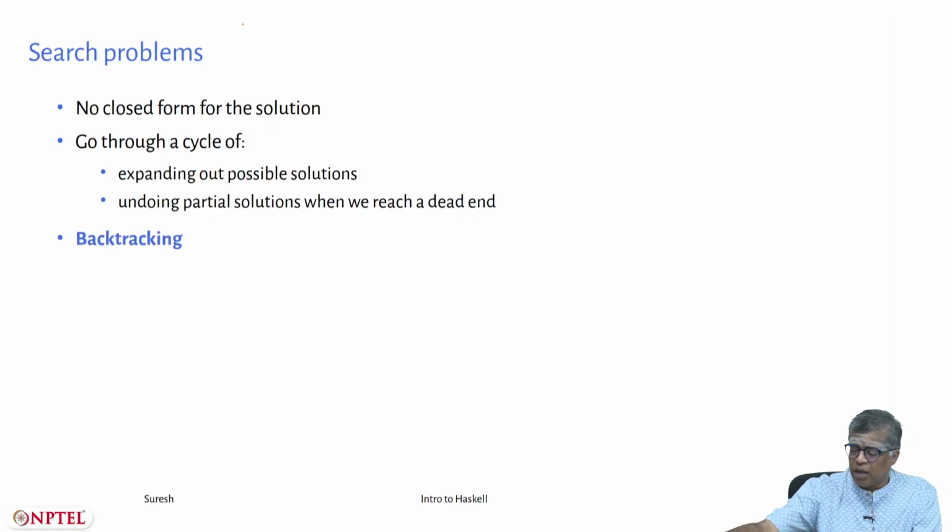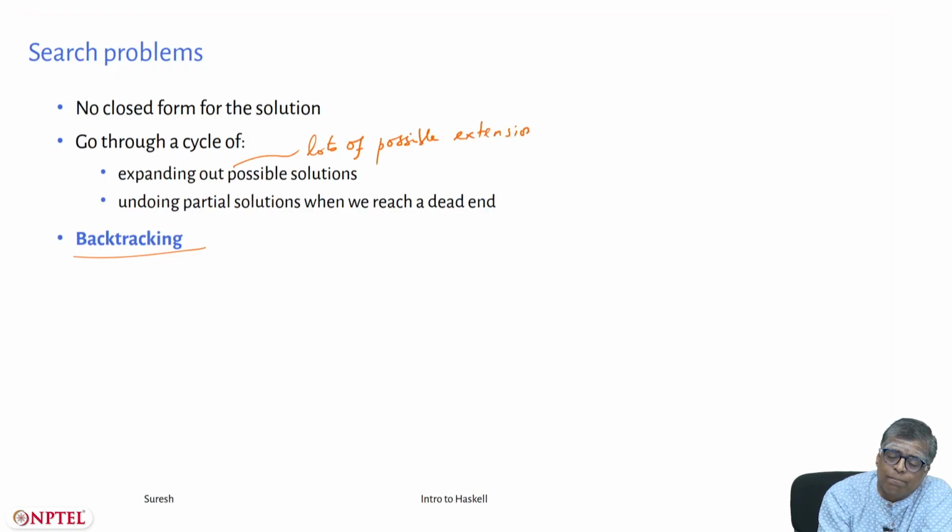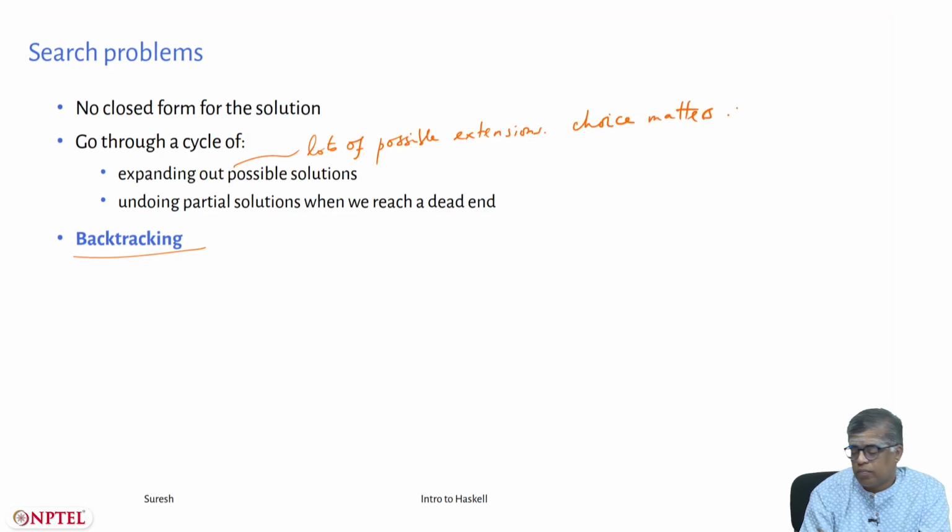This is called backtracking, because you try to pursue a solution and then you realize that it won't lead to a full solution, so you backtrack and then try another possibility, because there are lots of possible expansions or extensions. Choice matters.